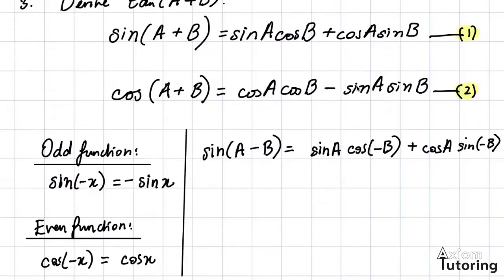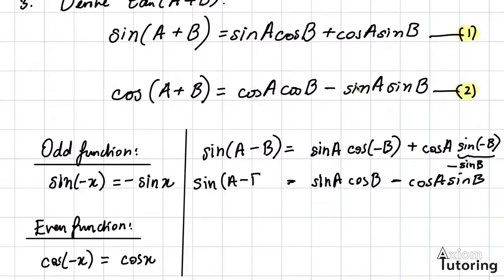So we can rewrite this as sine a cos b, that's the same, minus cos of a sine b, because that sine of minus b is the same as minus sine b. So that's our third expression that we've written down. And that's for sine of a minus b.